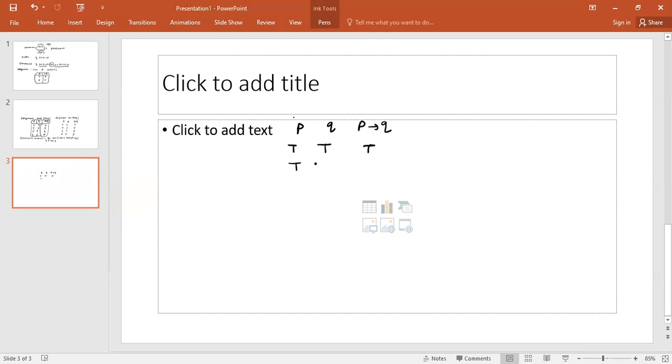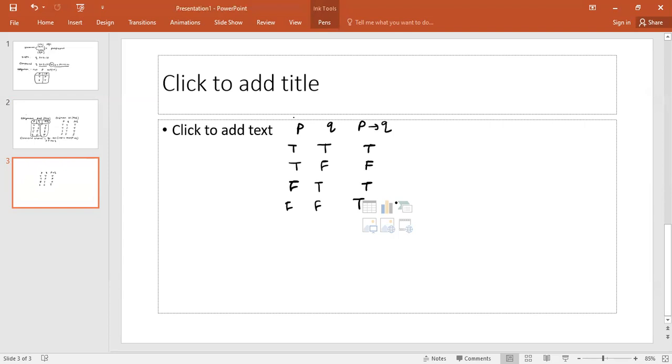When P is true and Q is false, then it gives F. When P is F and Q is T, then it gives a true value. If P is false and Q is also false, then it gives T. So this is the conditional statement.